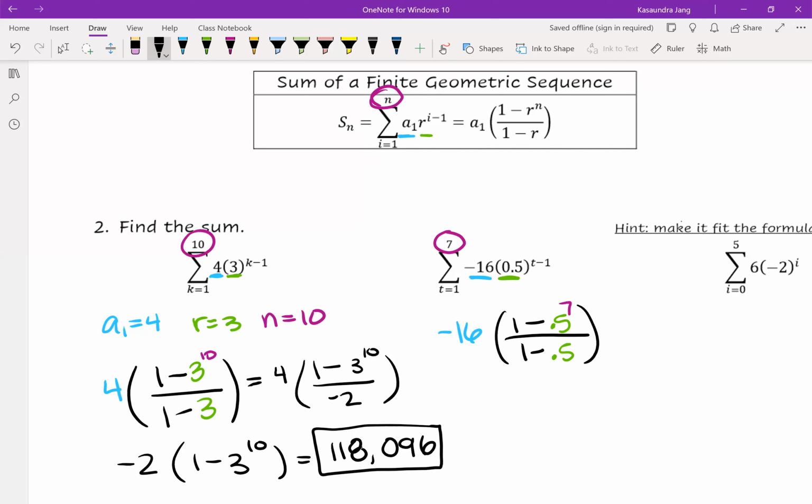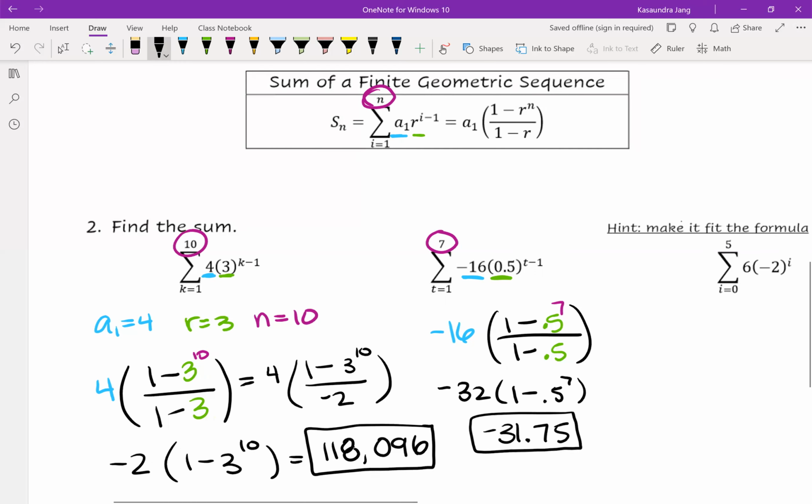Okay, so again, 1 minus 0.5 is a 0.5, and I've got -16 divided by 0.5, so pretty much doubling it for a -32. My 7th exponent there. All right, I'll probably plug this into my calculator. -32 times 1 minus 0.5 to the 7th. All right, I got -31.75. That would be my sum.